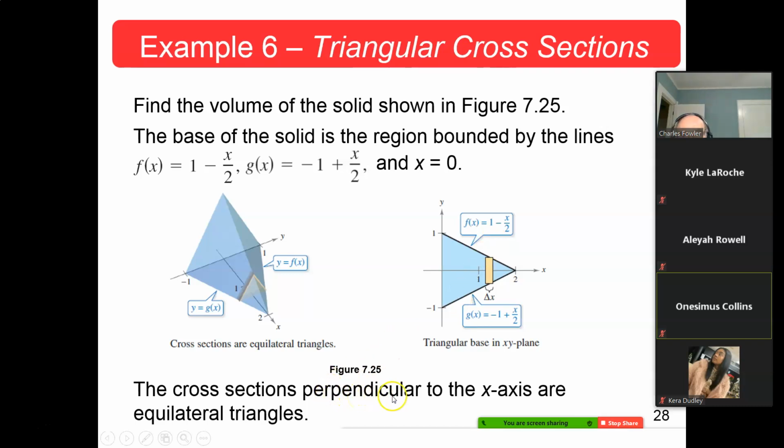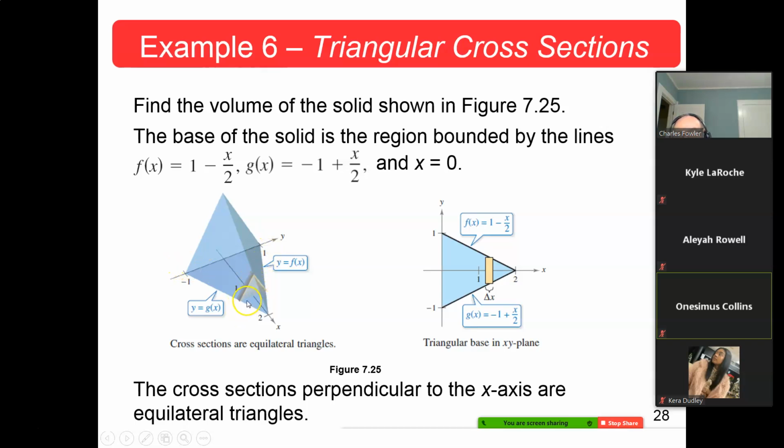The cross sections are perpendicular to the x-axis. They're equilateral triangles. Now, they didn't say anything about that here, but down here they tell you the cross sections perpendicular to the x-axis are equilateral triangles. That sure looks like one there, and kind of looks like one back there too. Sure enough, they are.